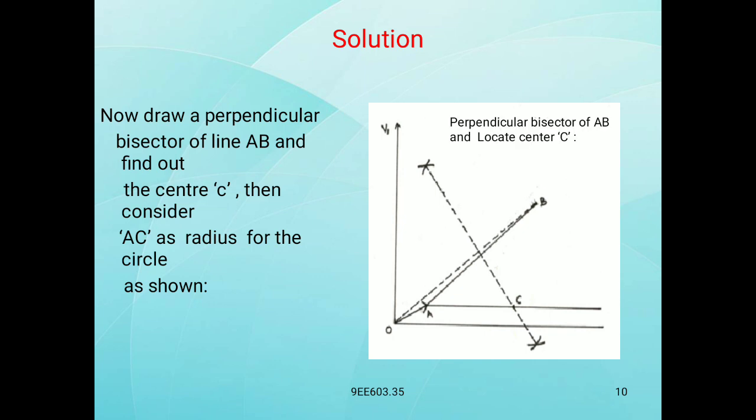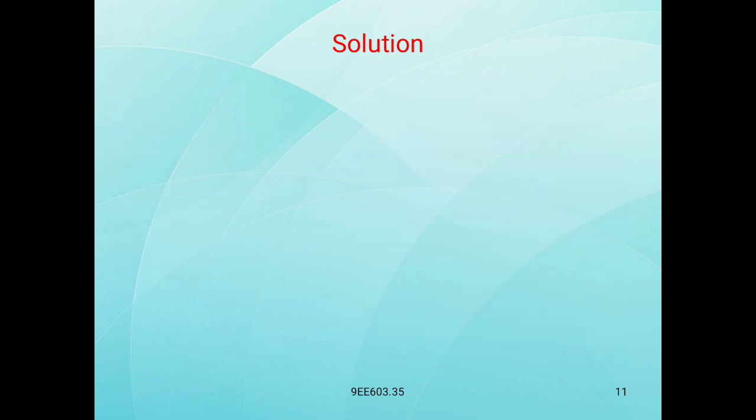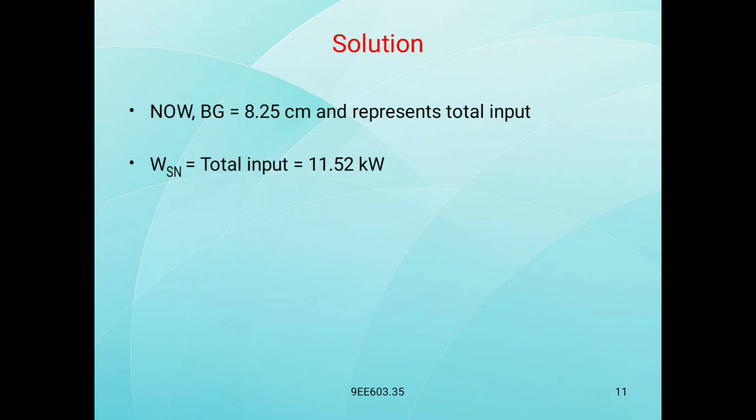This is the perpendicular bisector of AB. Now BG is 8.25 centimeters and represents the total input WSN.